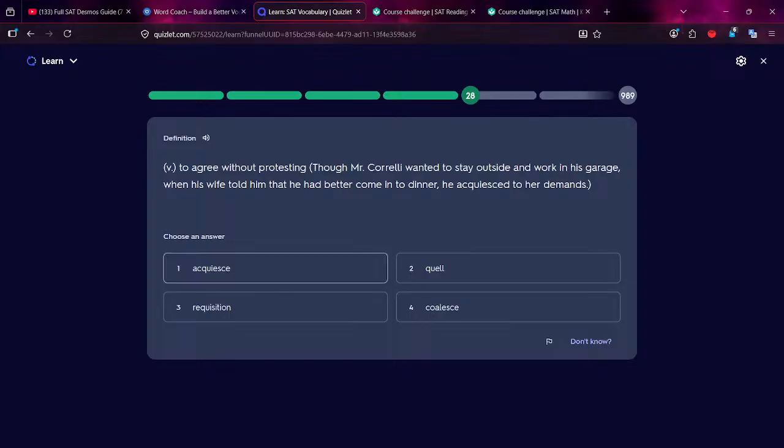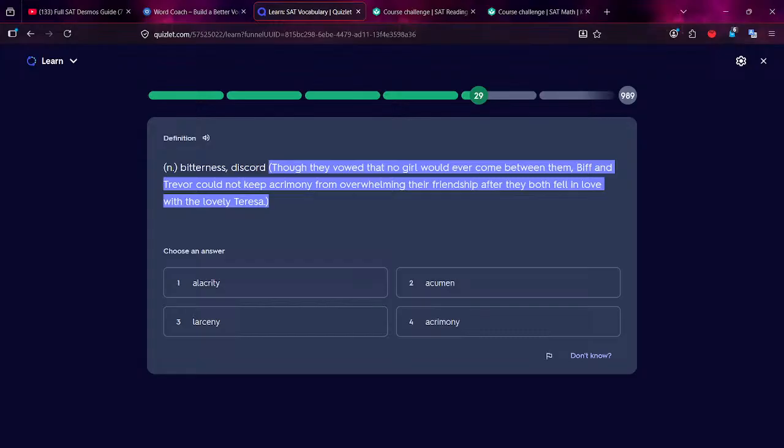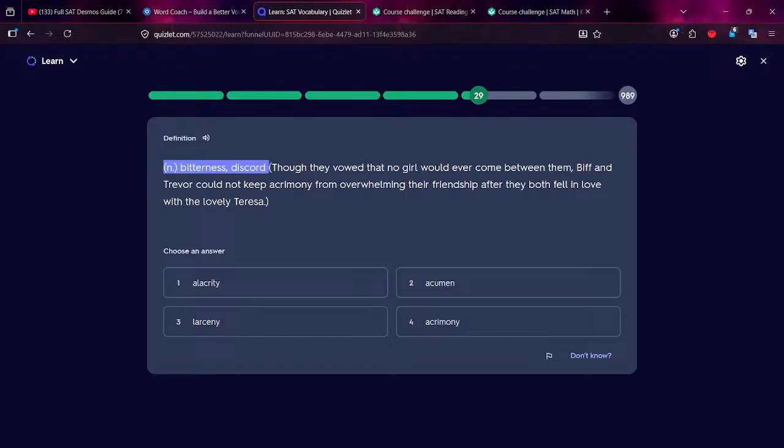Coalesce, I would doubt it. Guessing quiz. There we go. Bitterness, discord. Again, this right here is going to include the word, I'm assuming, so I'm not gonna read this part, just this part. Bitterness, discord. Okay, these words are a lot harder.